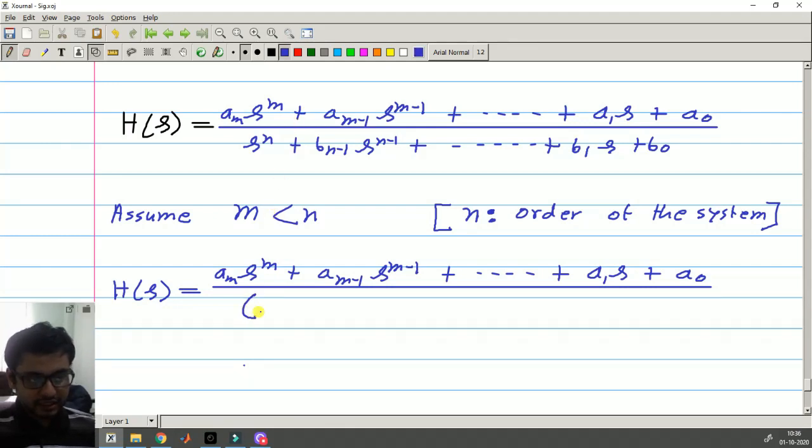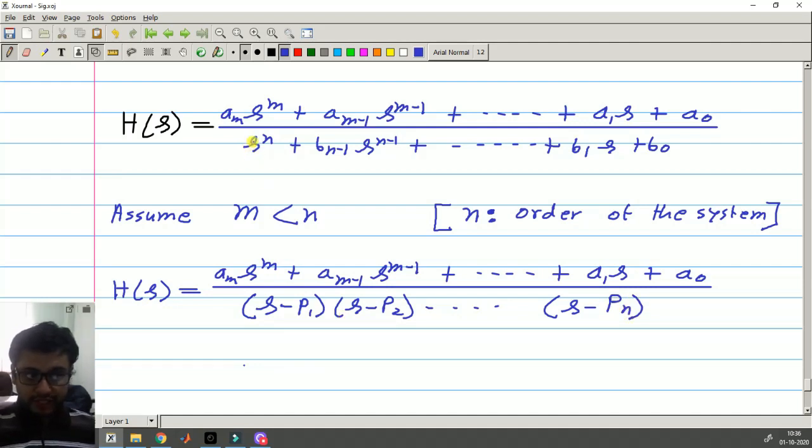Suppose it is (s minus p1)(s minus p2) dot dot dot (s minus pn). So we have a polynomial which you can always factorize in this way for some values of p1, p2, pn. Since the degree of this polynomial is n, you will get n factors like this.